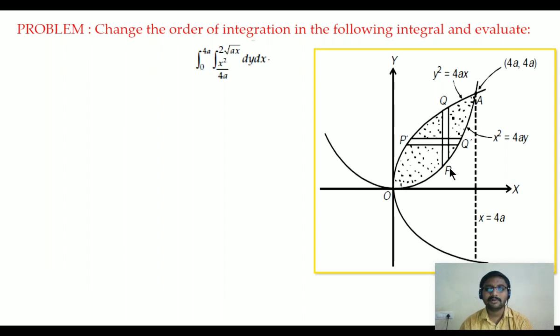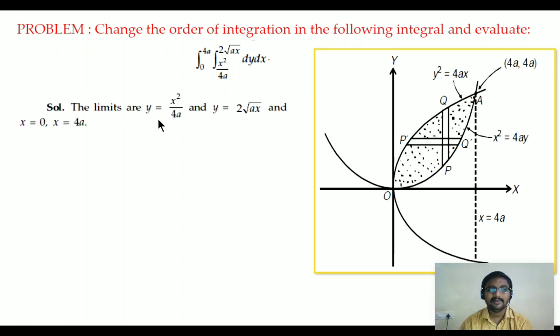So we have to draw the rough sketch in this closed region, and clearly in this closed region x varies from 0 to 4a, because one ordinate is at 0, 0 and another is at 4a comma 0 on the x-axis, since the line x equal to 4a passes through the point 4a comma 0. So the x limits are 0 to 4a.